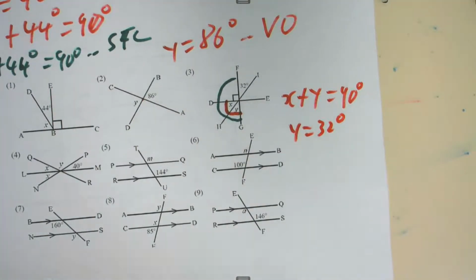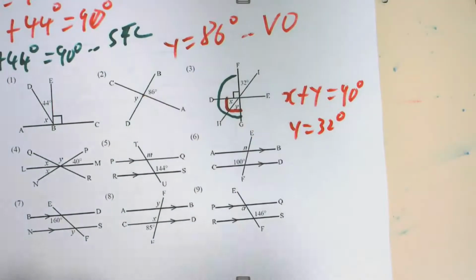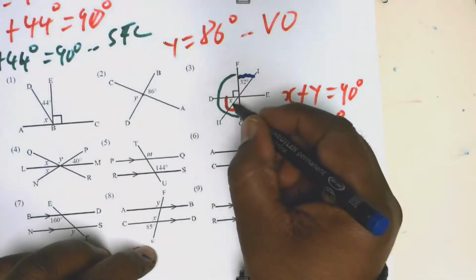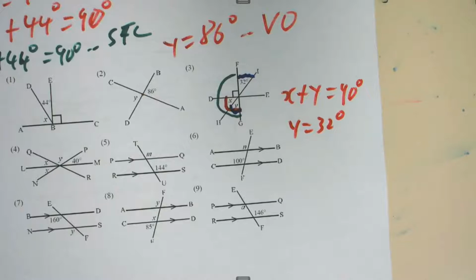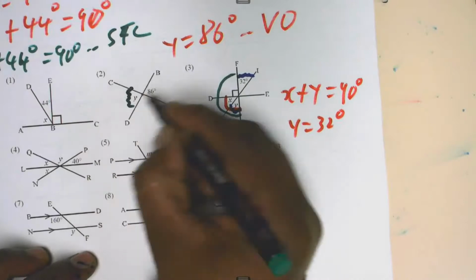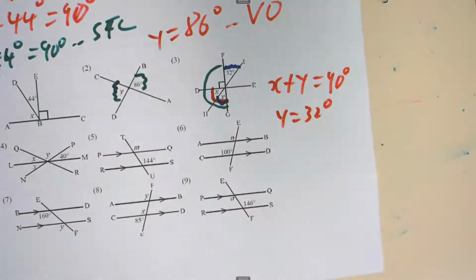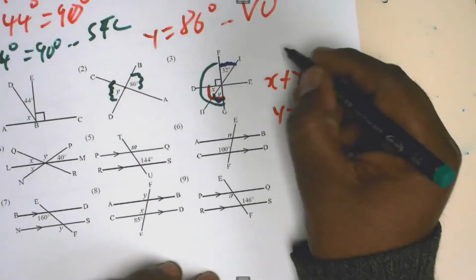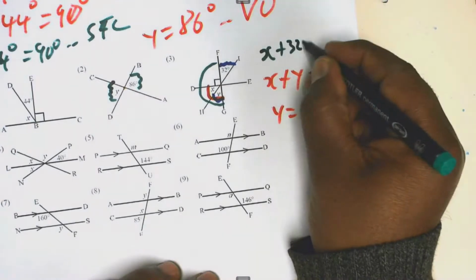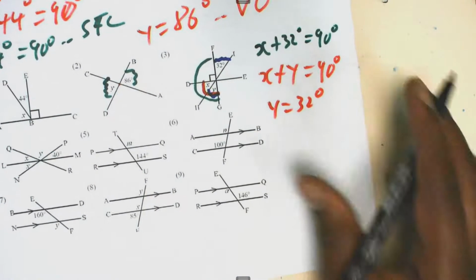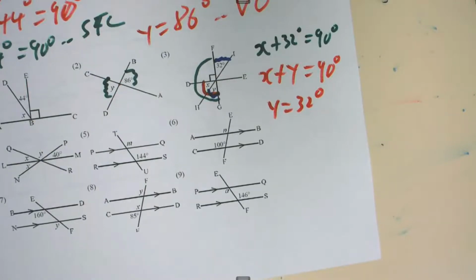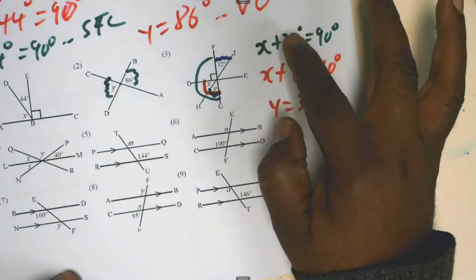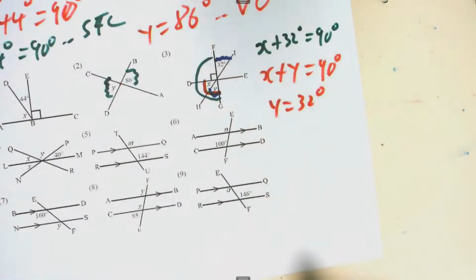Vertically opposite. You can use your colors just to remind you that this angle should be equal to this angle. Using your colors, this angle should be equal to this one. Vertically opposite. Now, y is 32 degrees. For the left-hand side to be 90 like the right-hand side, what do we put here?